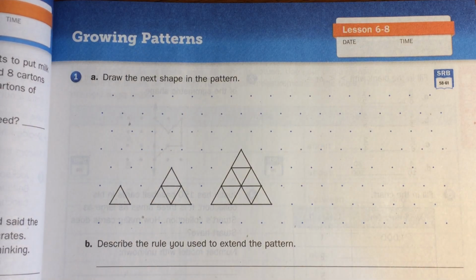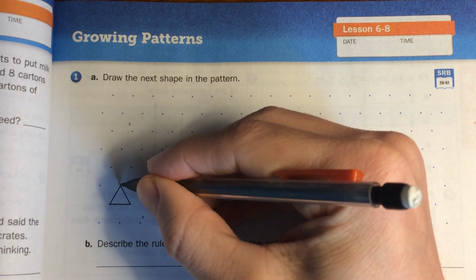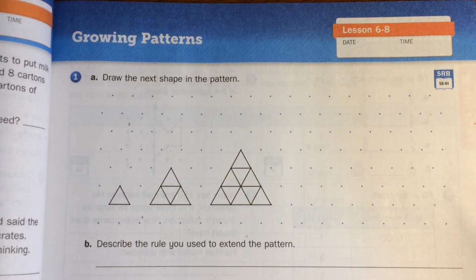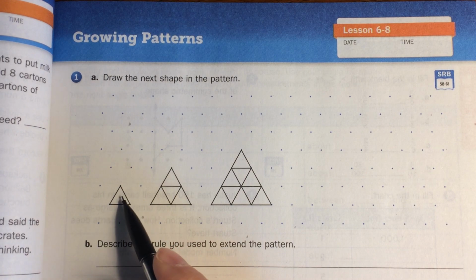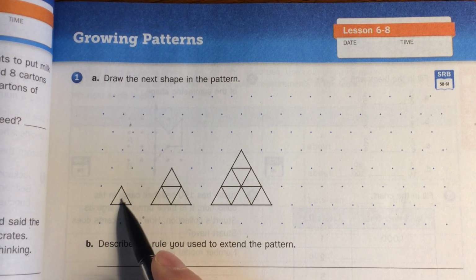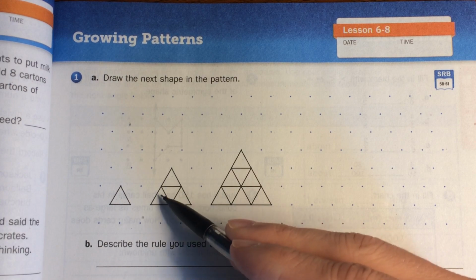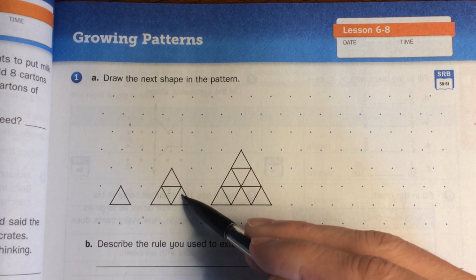So there's a couple of ways to tackle this. I'll just throw a couple strategies out there. Some of you might notice that in each shape, the top is always just a little one triangle by himself. And you might even notice that after this first triangle, our one is still up top, and what's below? 1, 2, 3 triangles.